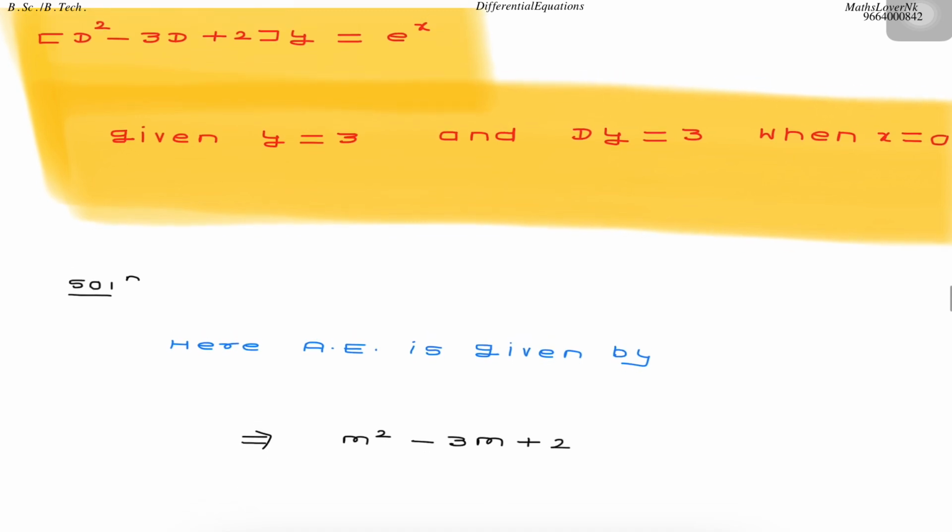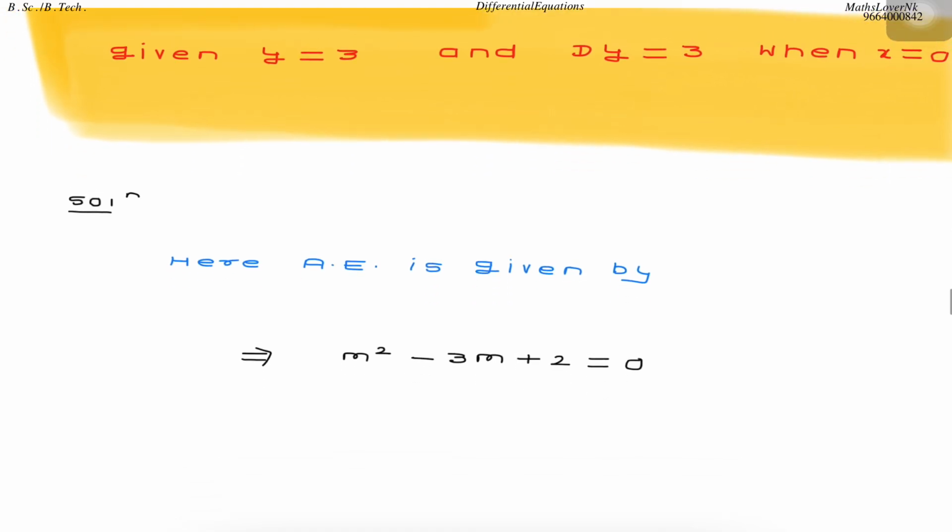Now solve by splitting the middle term. We get m² − 2m − m + 2 = 0. When we solve a quadratic equation by splitting the middle term, we always get two roots.